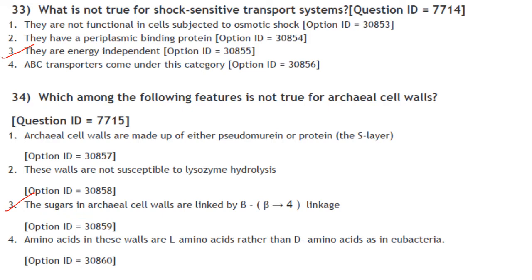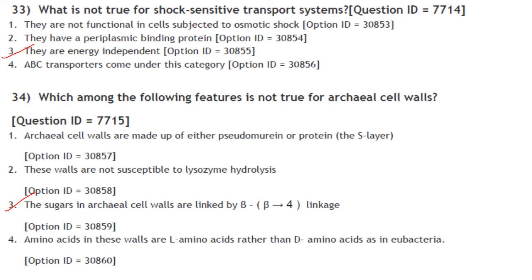So that is true in case of shock sensitive transport. They are energy independent. That is not the correct answer. That is not true with regards to shock sensitive transport system. So answer is option 3.